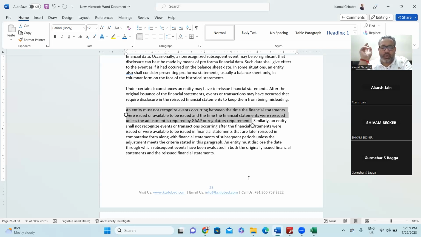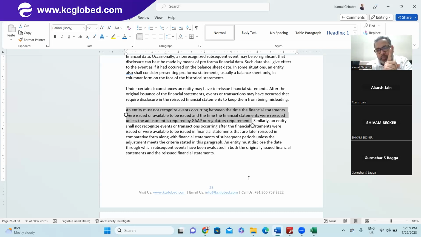Second, when you are not assuming the responsibility of all subsequent events, only this particular event. So then there are two reports. If you are assuming the responsibility, then it will be one report with all subsequent event testing. If you are not assuming the responsibility, then you are issuing a new report which is an attachment to the original report, only for the specific topic. Both are permissible as per GAAS.